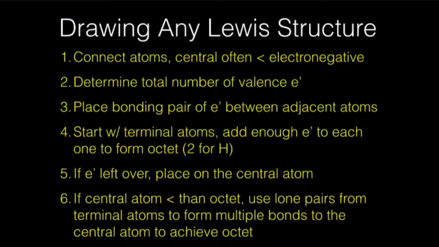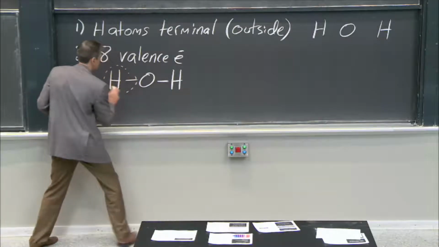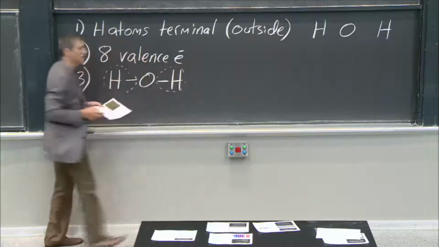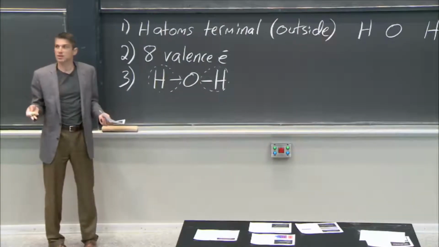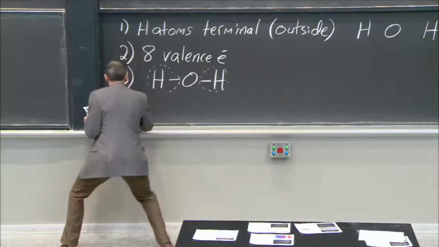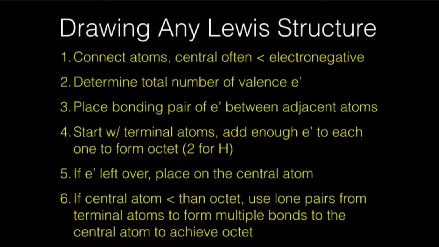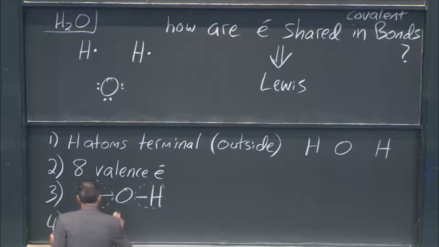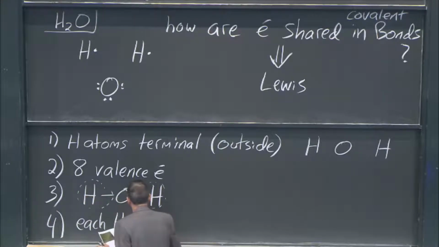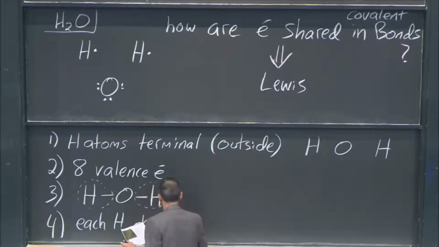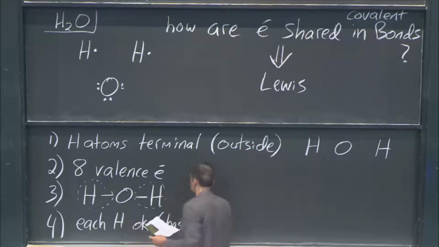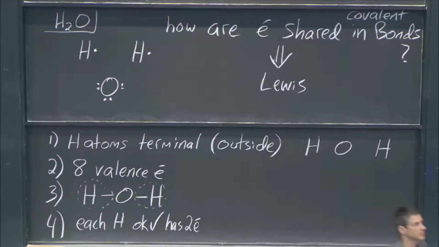Each H atom already has, remember, they're sharing, the 2 electrons that it wants in its valence. So for step 4, each H is okay.